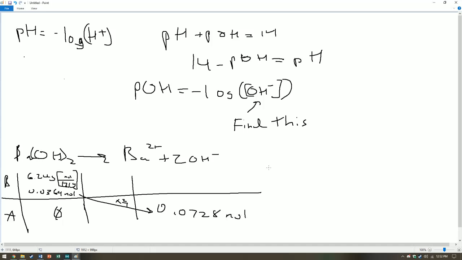Remember that concentration is just moles over total volume, so 0.0728 mole over, and we said we had 200 milliliters of solution, which is the same as 0.2 liters, which yields a concentration of 0.364 molar.